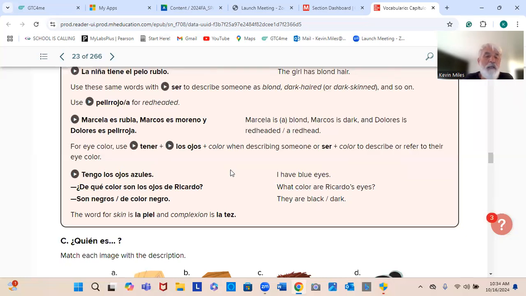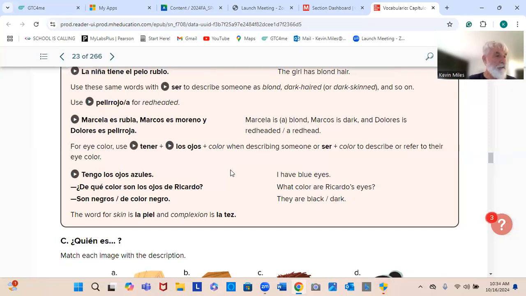She has green eyes. Mi amiga tiene los ojos verdes. My friend has green eyes. You could ask, ¿de qué color son los ojos? What color are the eyes? And then you would answer back, ellos son verdes, or ellos son negros, or ellos son de color negro, which is a little more awkward, but is used. Okay.